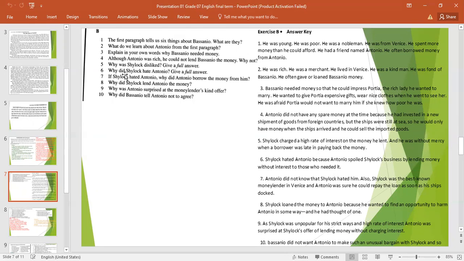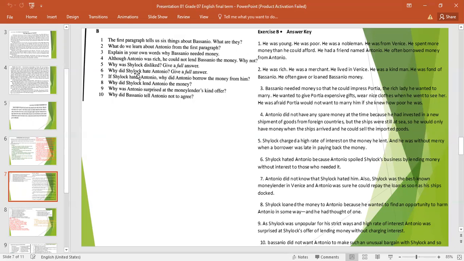Question number five. Why was Shylock disliked? Give a full answer. Shylock charged a high rate of interest on the money he lent, and he was without mercy when a borrower was late in paying back the money.